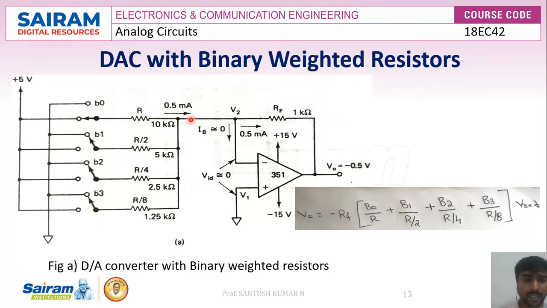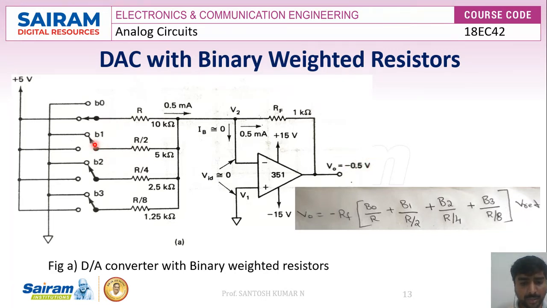Hence, most of the current, that is 0.5 milliamps, flows through the feedback resistance. So here the op amp is working as a current to voltage converter. Hence, this current, 0.5 milliamps, into this 1k, gives you 0.5 volts at the output. When the switch B0 is closed, we get 0.5 volts at the output.